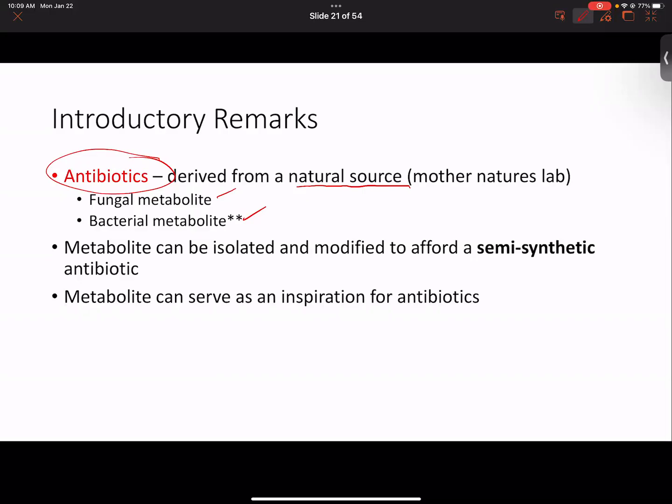That creates more real estate for that particular bacteria. It creates more resources for that particular bacteria that made that metabolite. But why does that bacterial cell not fall victim to its own metabolite? Why doesn't it destroy itself in the presence of its own metabolite?